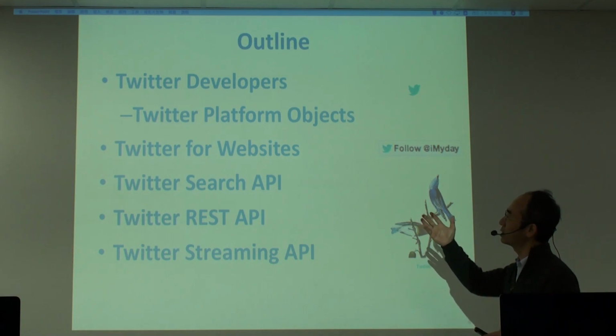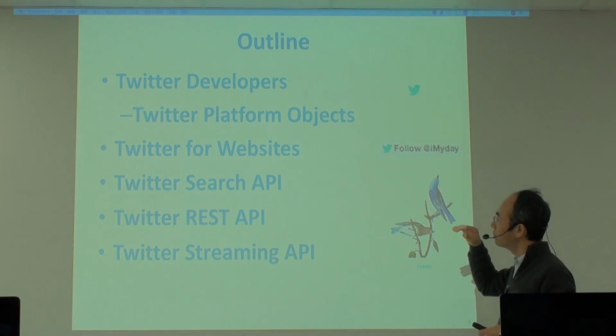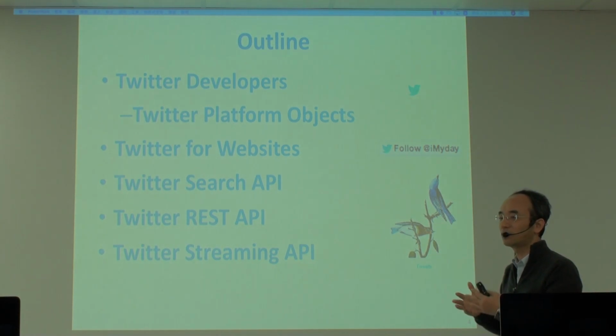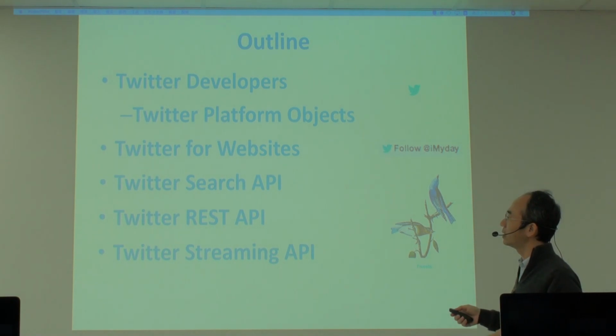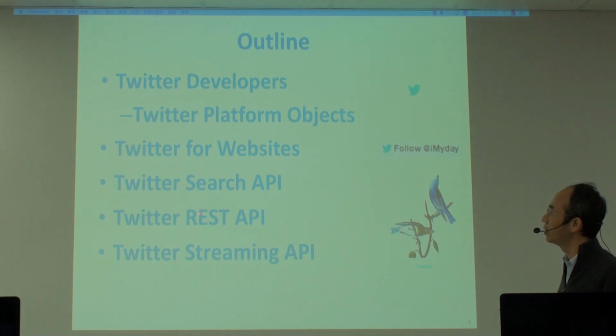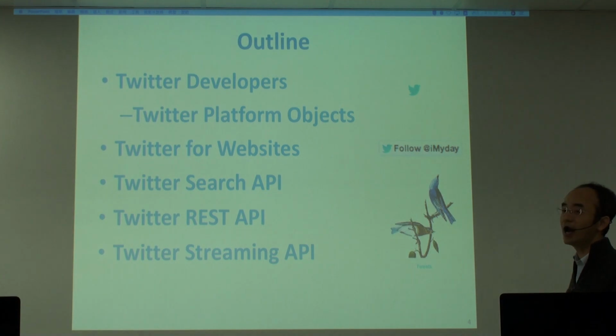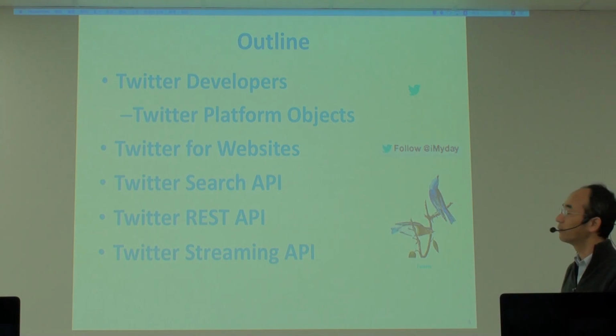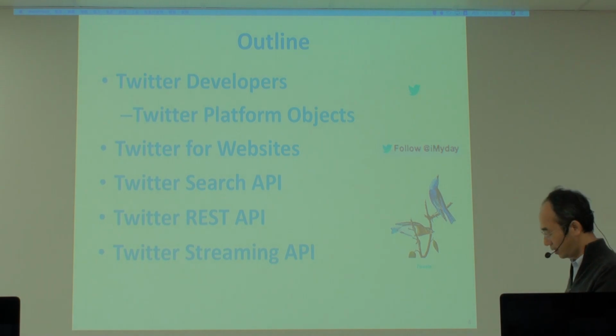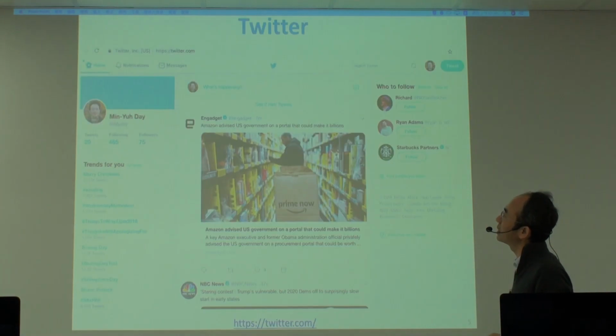Then you can use Twitter search APIs. No matter whether you are using JavaScript or Python code, you can use search APIs, the RESTful API, or the Twitter streaming API to access the data from the data center of Twitter. So that is the outline for today.